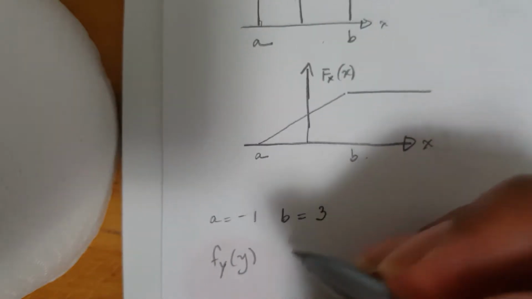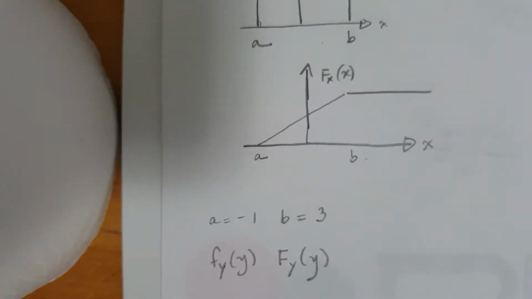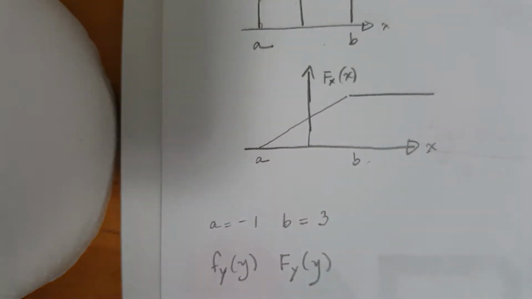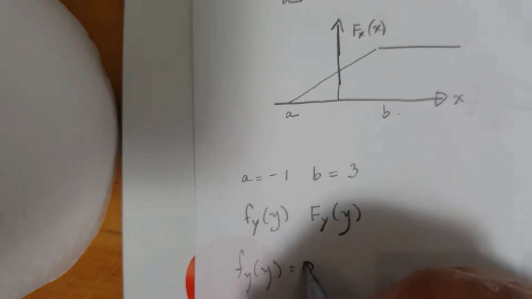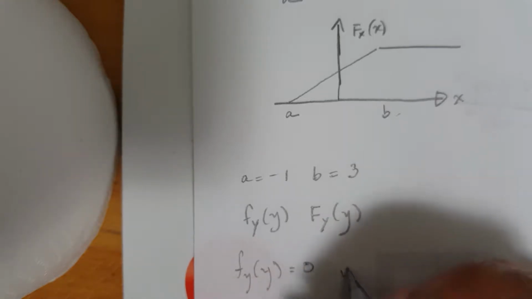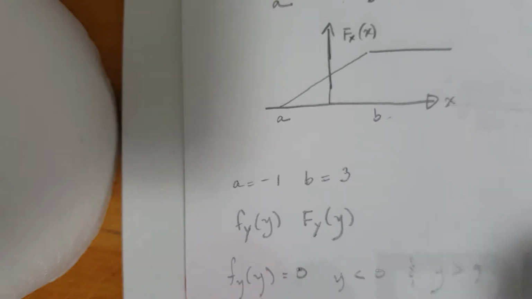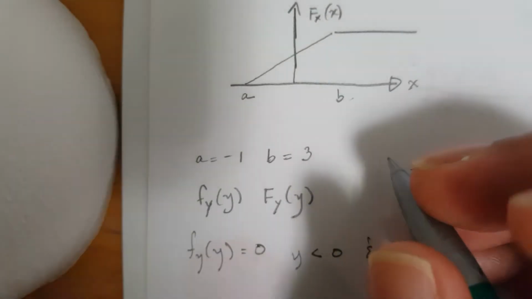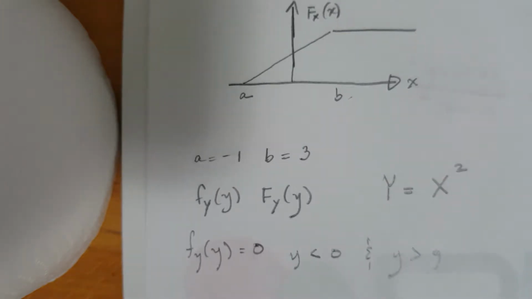So we see that the probability function f of y is equal to 0 when y is less than 0 and y is greater than 9, of course, because, as is stated in the problem, y is equal to x squared.